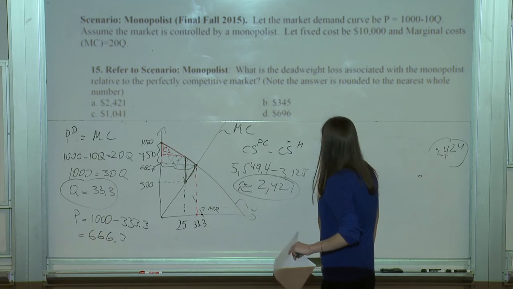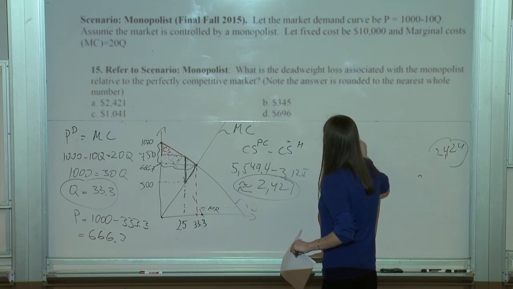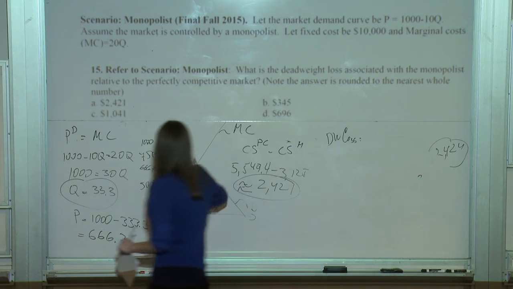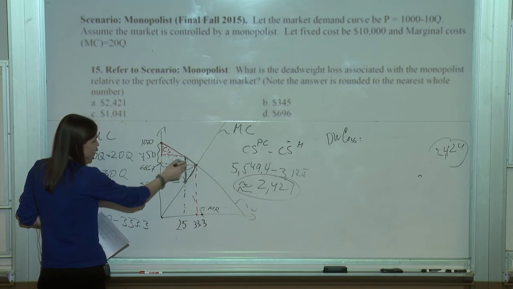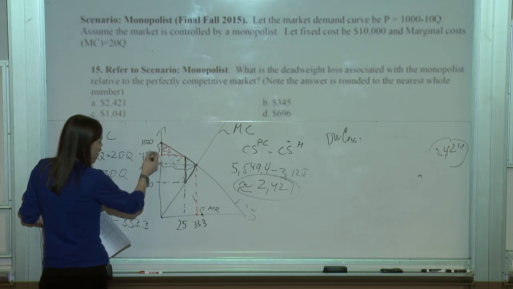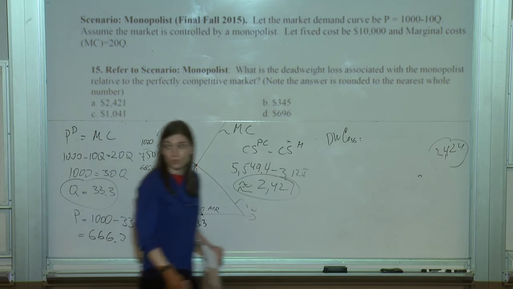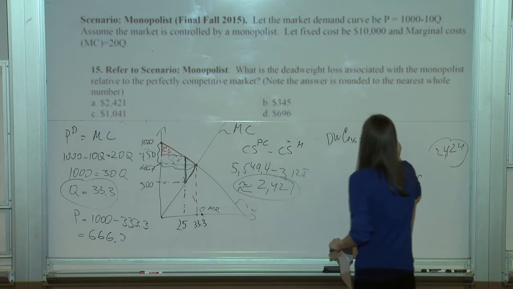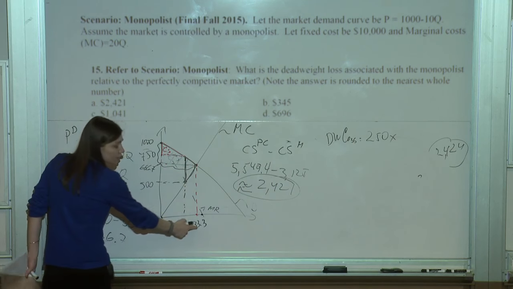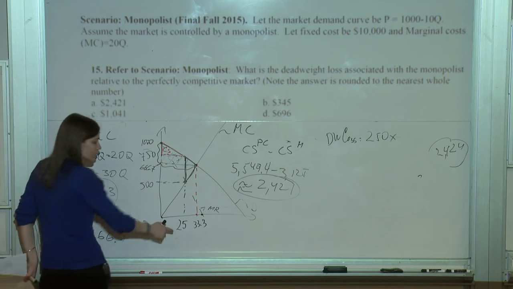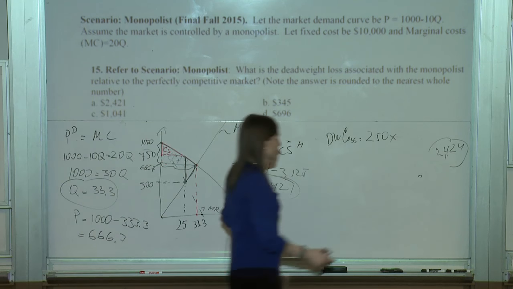So to find the deadweight loss, the base of this triangle, I know this point is 500 and this is, what is it, 750? So the base is 250. And then the height would be the difference between the quantity in perfect competition and the quantity under monopoly.